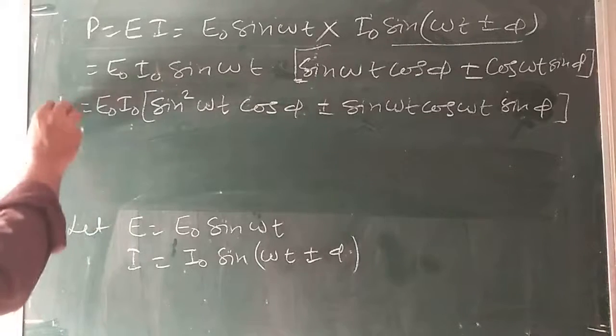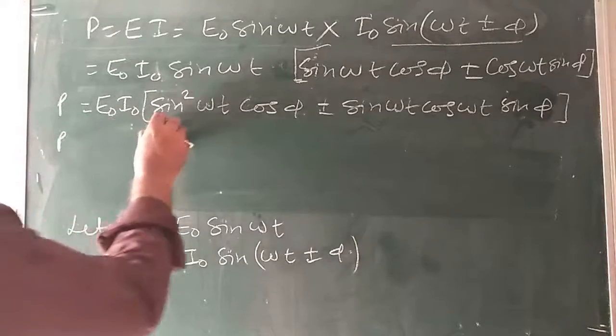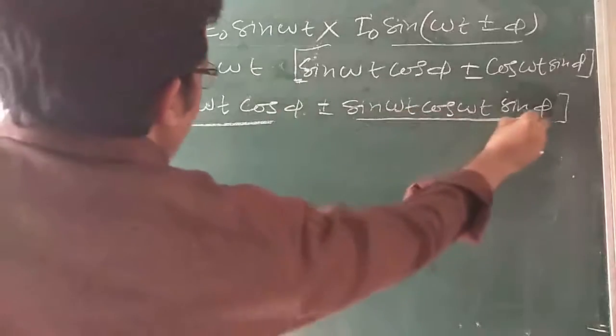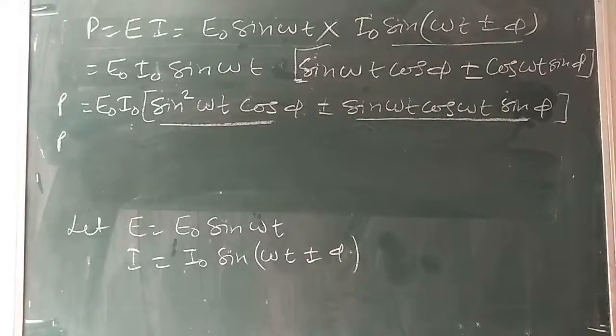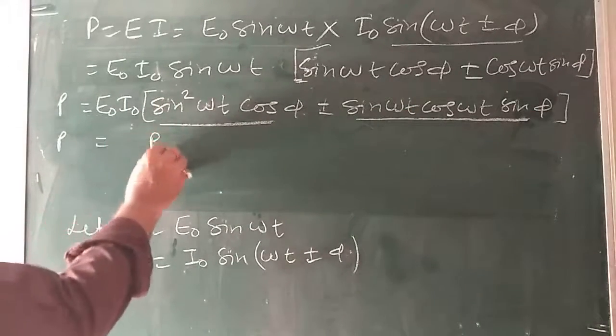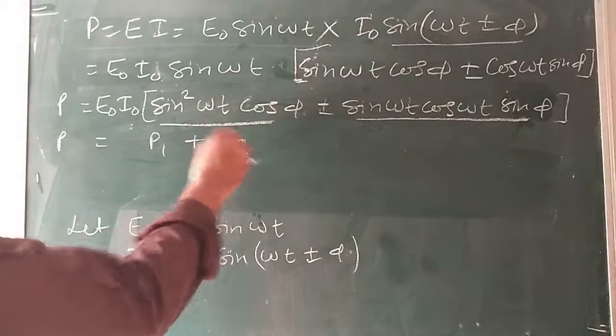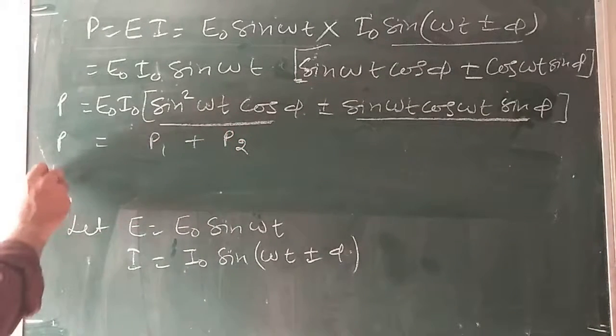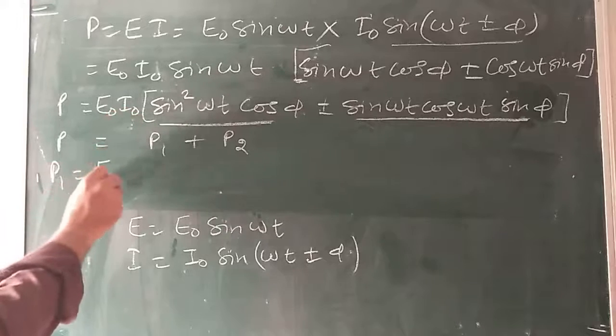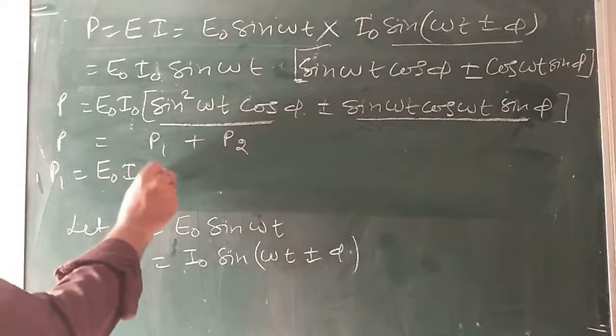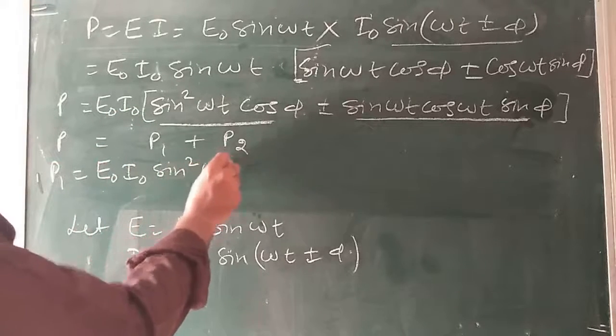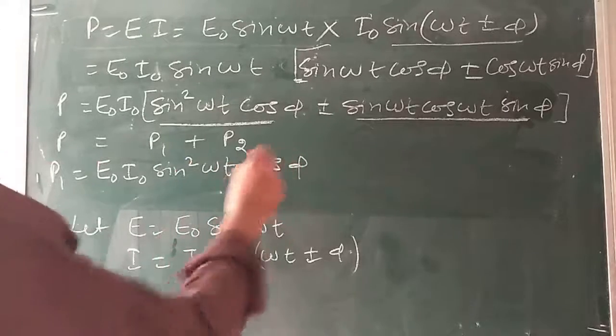So here we can see there are two terms. One is this one and another one is this one. So I can say P is equal to P1 plus P2. Here we can see P1 is equal to E naught I naught sine square omega t cos phi.